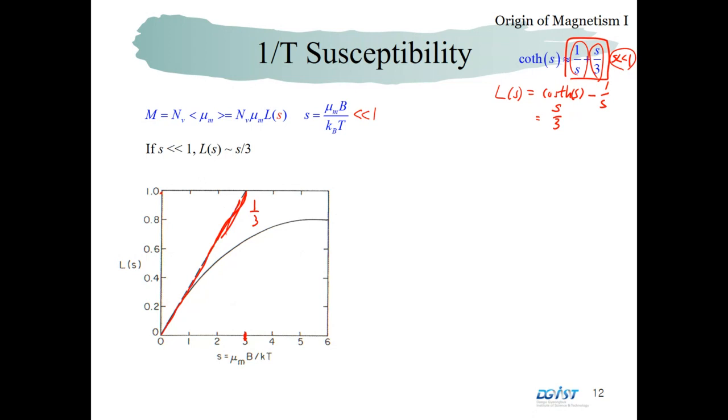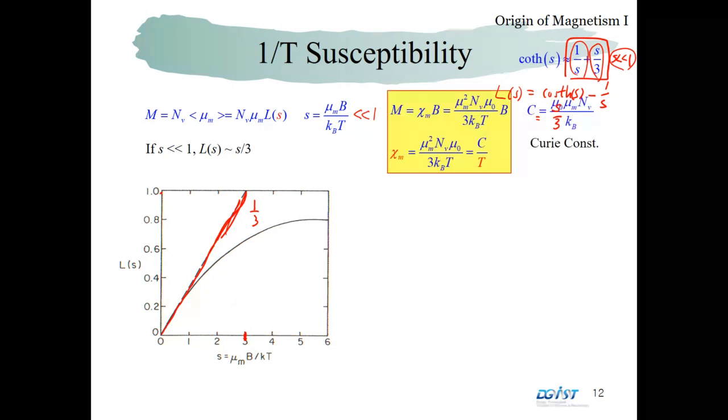So in that case, the magnetic moment of the system is nothing else but the average magnetic moment multiplied by the number of atoms here.